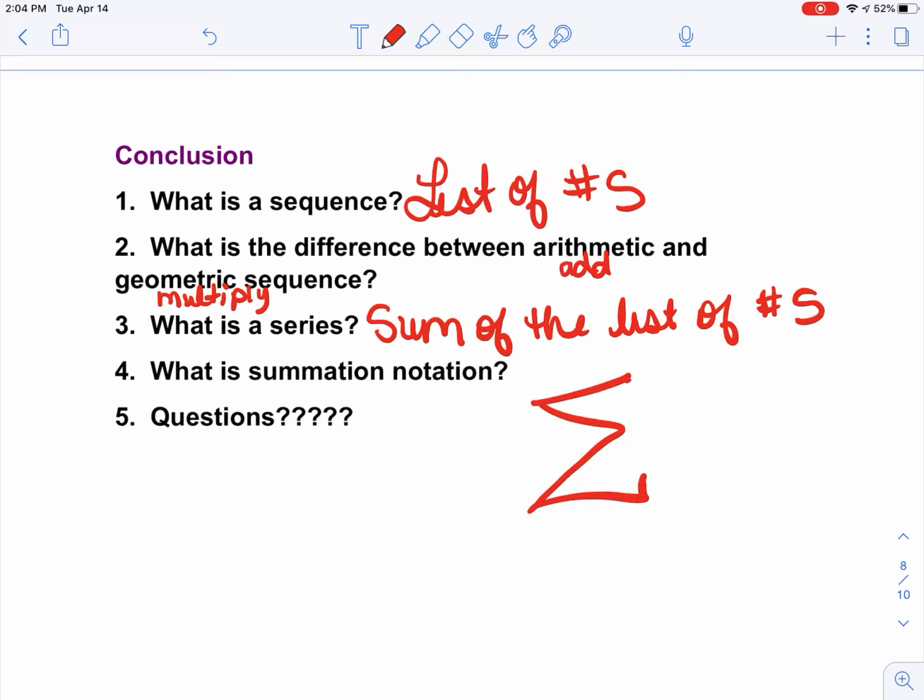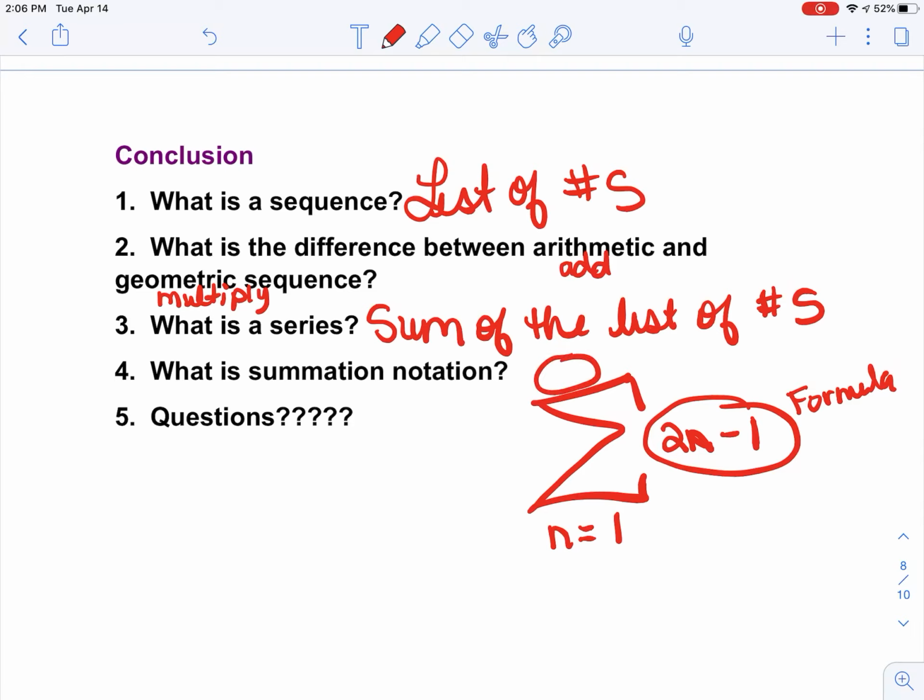What is summation notation? It's your sigma. It has a starting value. It doesn't always have to be 1. It has a formula over here. Could be 2n minus 1. And then it has an ending value, ending term. And it could be a number or it could be infinity.